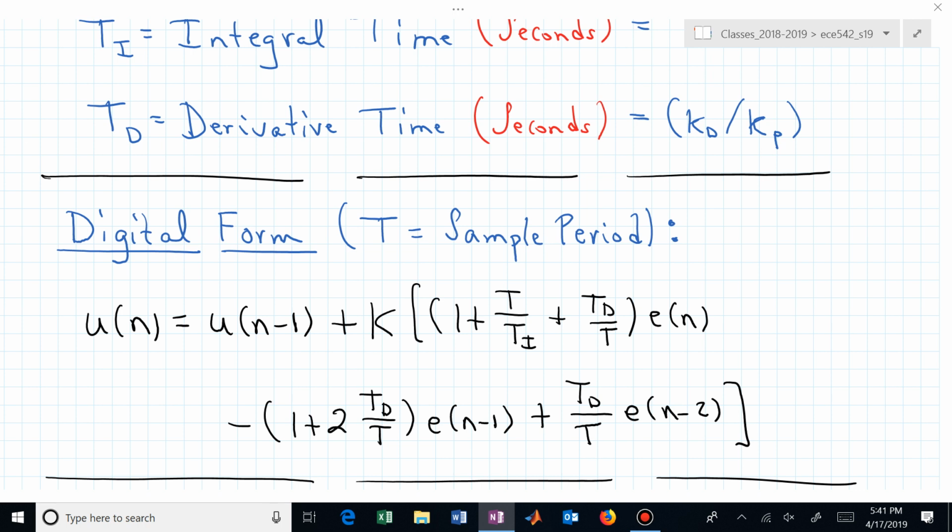Now you have the error now, the error 1 time step before, and the error 2 time steps before. And this U of n equaling U of n minus 1, that's the integral part. This is storing or remembering what your input was in the previous sample, and now you're adjusting that input to your signal by weighting previous and current errors.